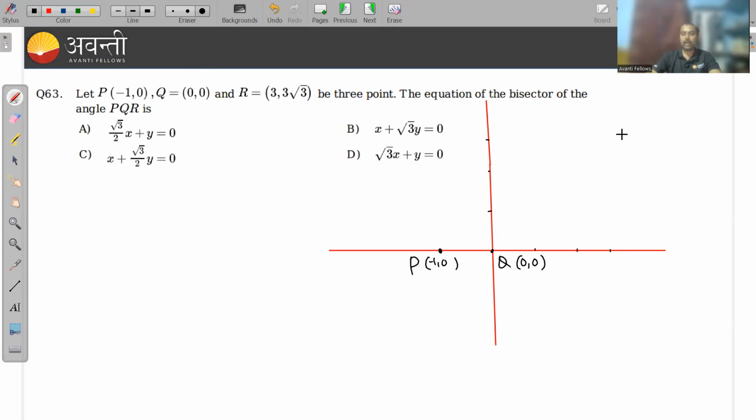Suppose this point R is lying here. This point is R, the coordinate of R is given as 3√3. Now I'm joining all these three points. Let's see, PQR.